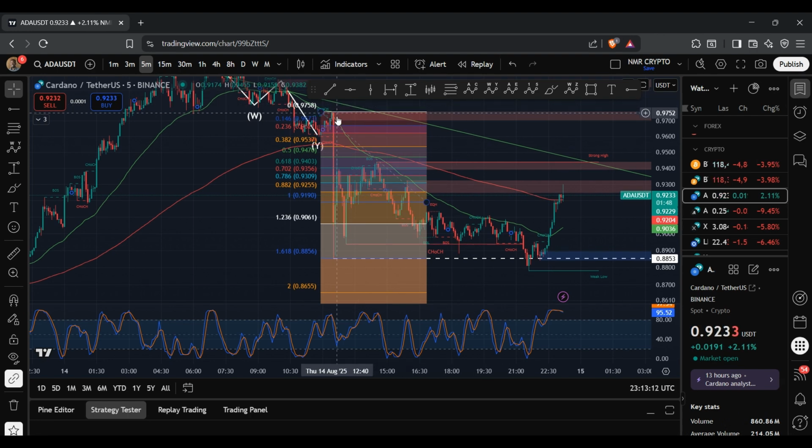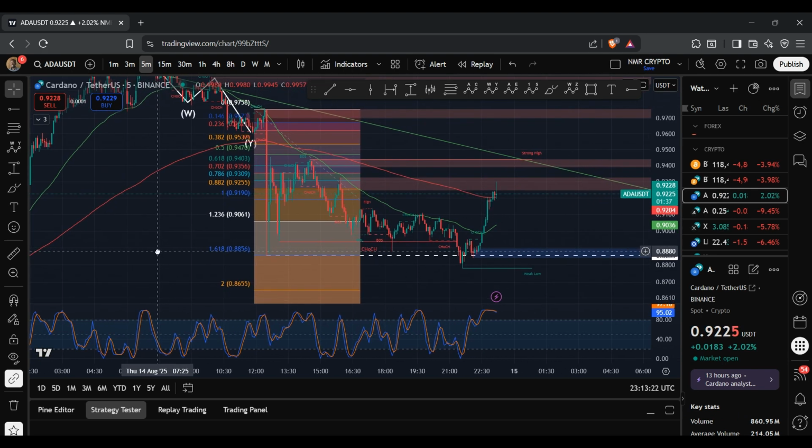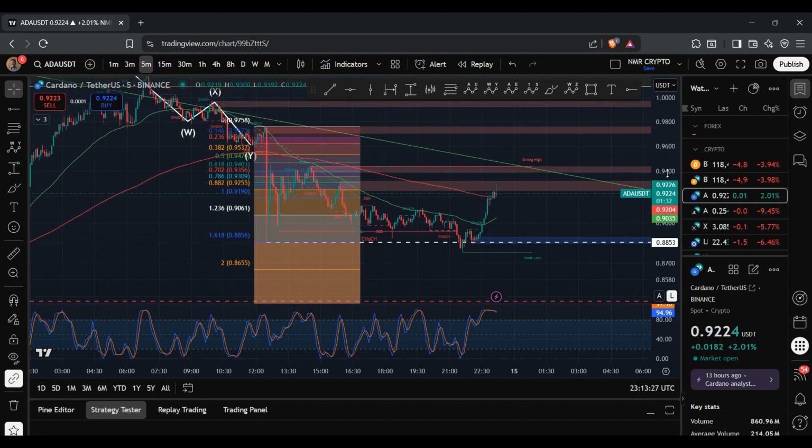And so typically this Y wave would reach anywhere between 1 to 1.236. But given that we were bearish, we ended up actually exceeding the 1.618 level. So that can happen, of course, in a bearish environment. And so even though we ended up retracing towards the 1.618 level, that doesn't necessarily mean that we are impulsive. All it means really is that we were bearish.